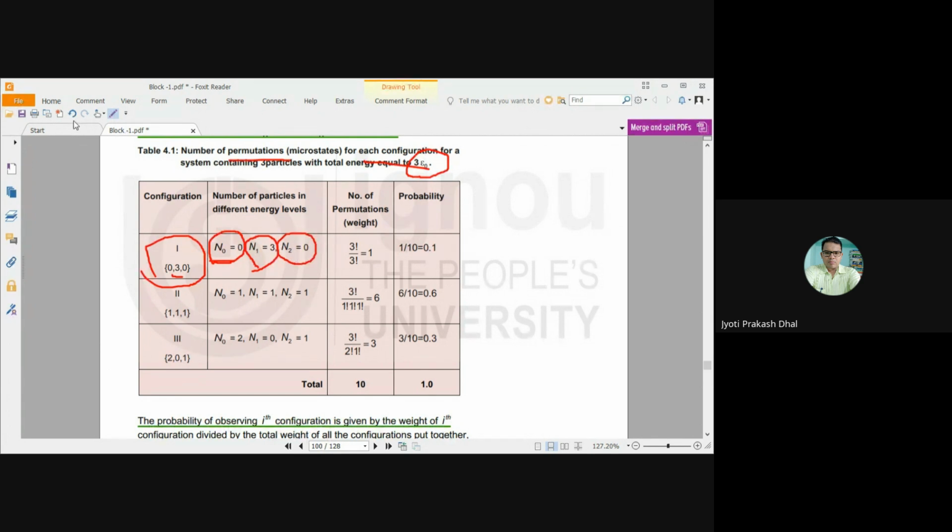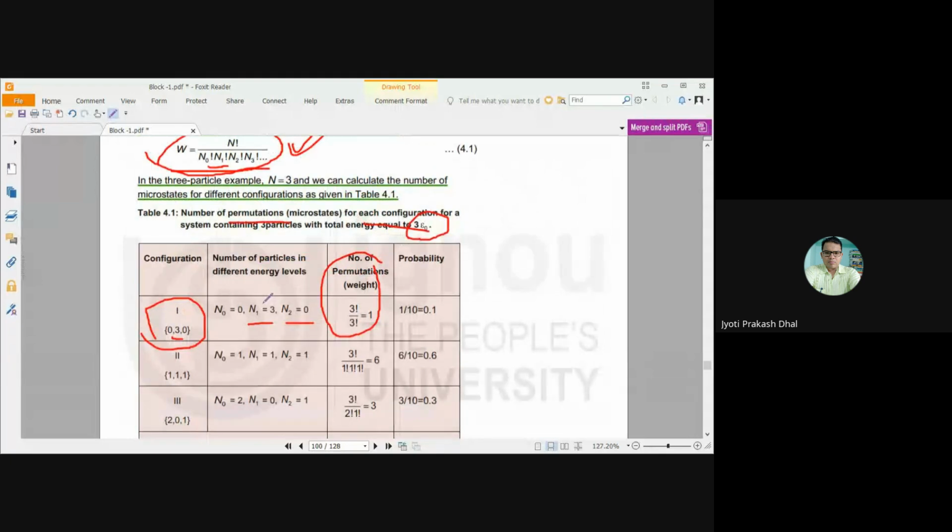So in the first configuration, N0 equals 0, N1 equals 3, and N2 equals 0. The number of permutations, the weight, equals n factorial divided by N0 factorial into N1 factorial into N2 factorial according to this formula.